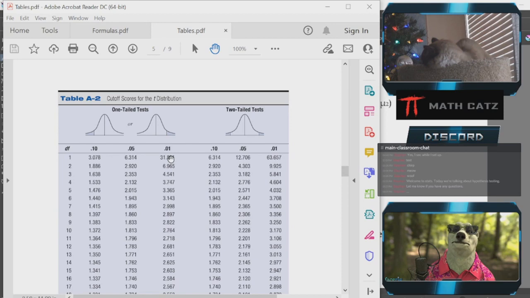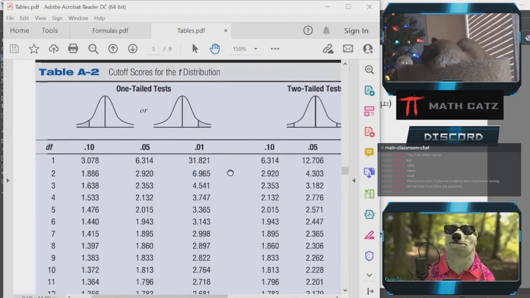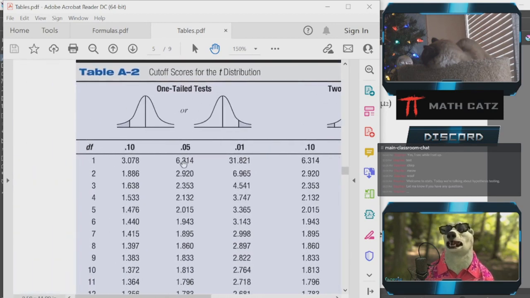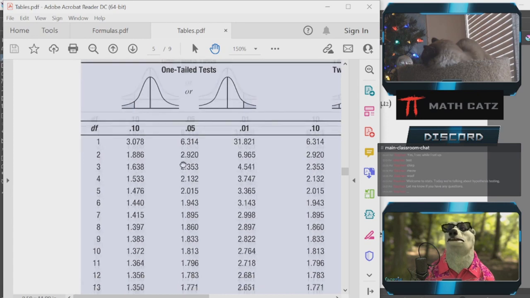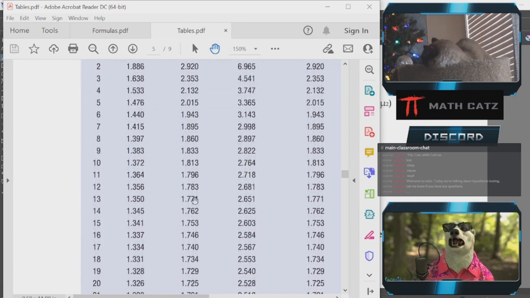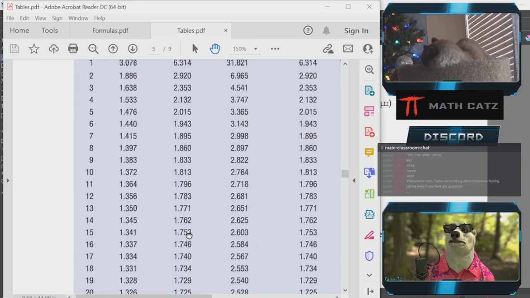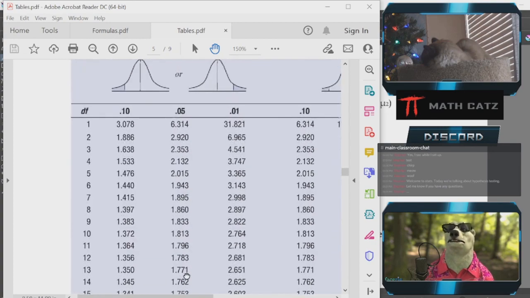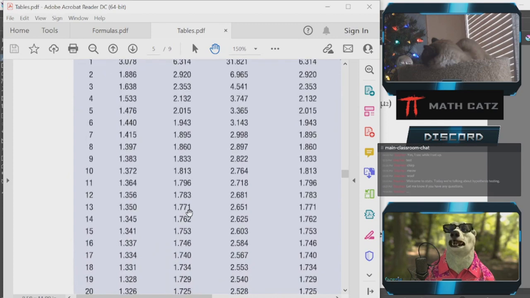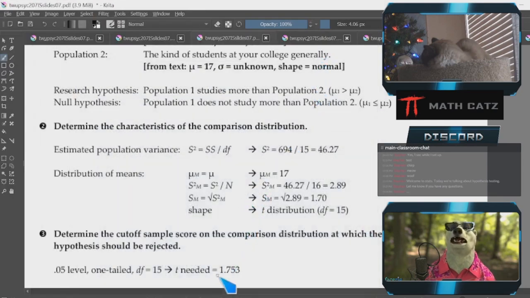Let's see if I can zoom in on that a little bit. It's a one-tailed test, 5% alpha, 15 degrees of freedom over here. 1.753.